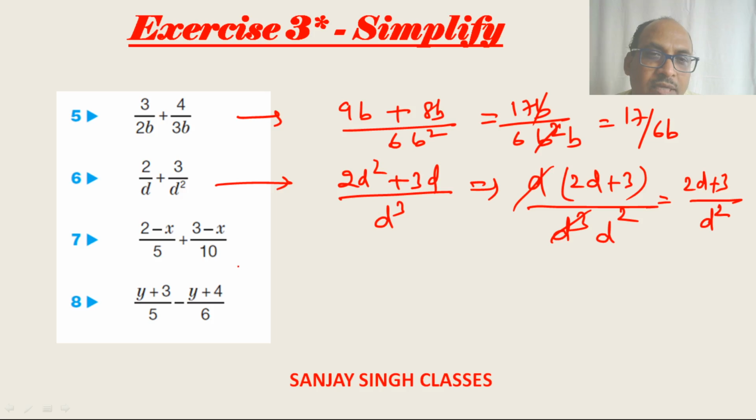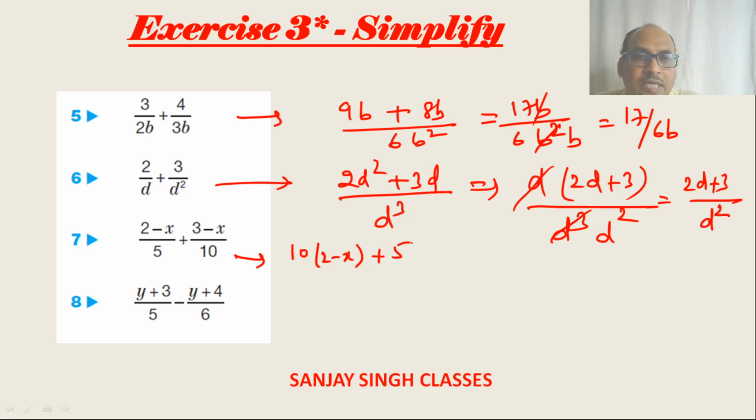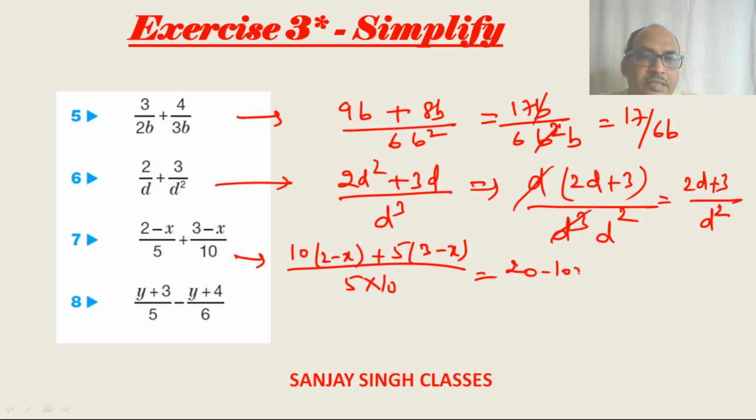Okay, right. This one 10 into 2 minus x, so 20 minus 10x. Oh, let me write it stepwise. Okay, 10 into 2 minus x plus 5 into 3 minus x divided by 5 into 10. Like this we can write. So it has become 20 minus 10x plus 15 minus 5x divided by 50.